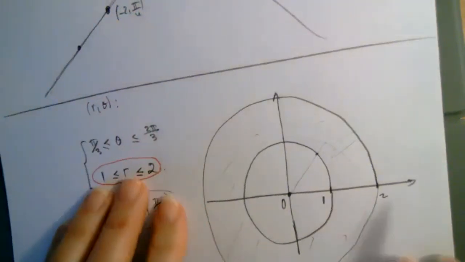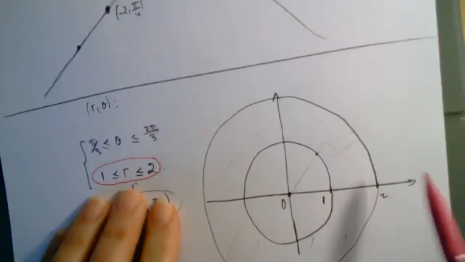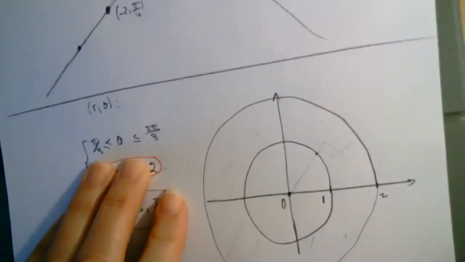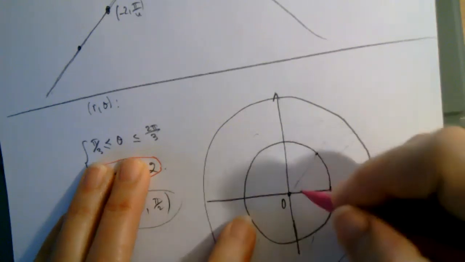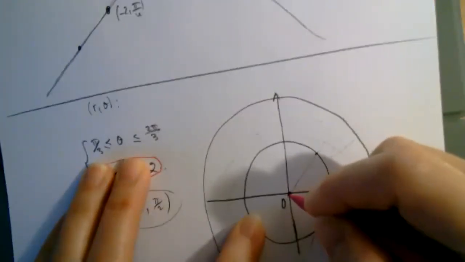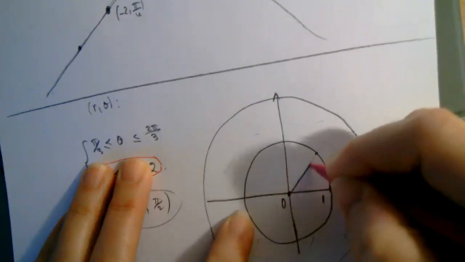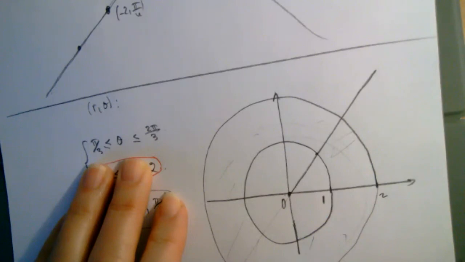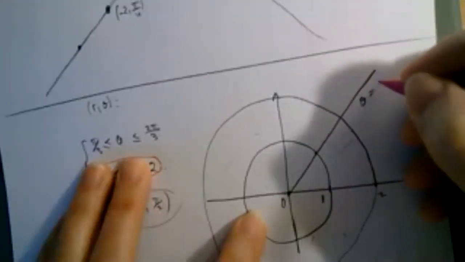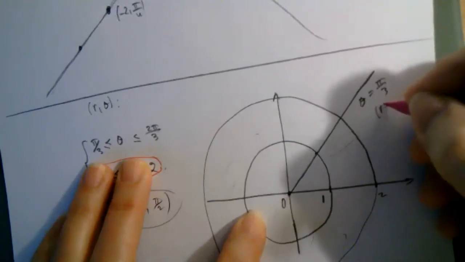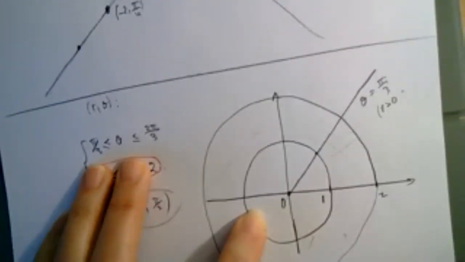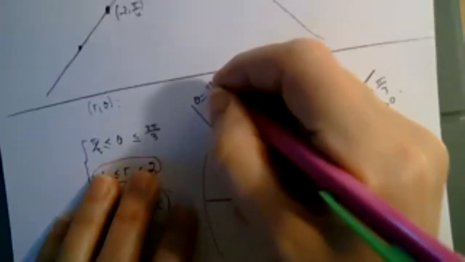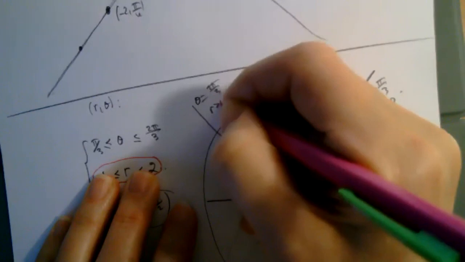Part 2. r is positive in this case, because I gave you r between 1 and 2. I want the angle between pi over 3 and 2 pi over 3. So now theta equals pi over 3. r is positive, so I really don't care about this piece. So that's theta equals pi over 3 with r positive, and theta equals 2 pi over 3, with r positive.